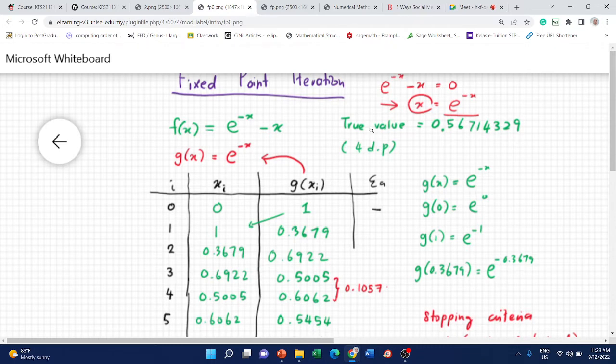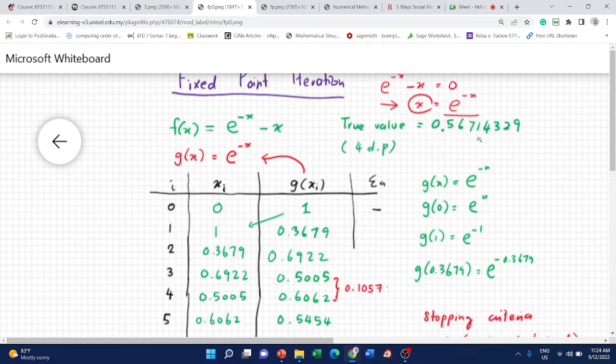So you have to know how to find it if the true value is not given. You can let this function f(x) equal 0 and then solve for x because you have one unknown. To solve this kind of function, you need to apply the log so that you get the true value of x as 0.56714329.